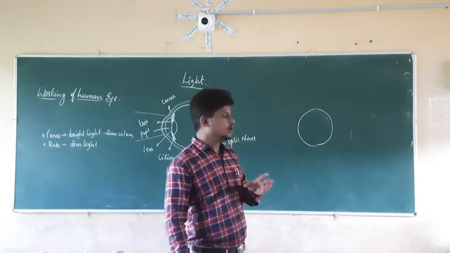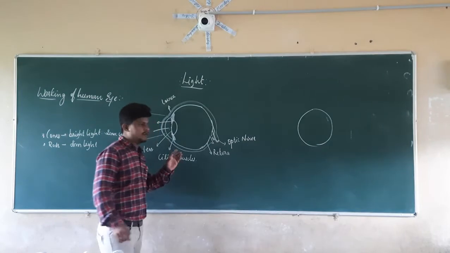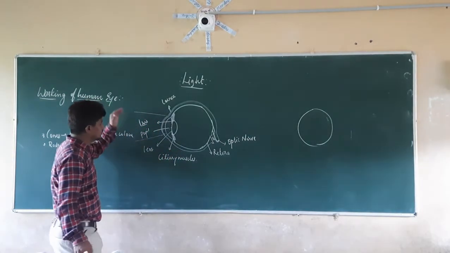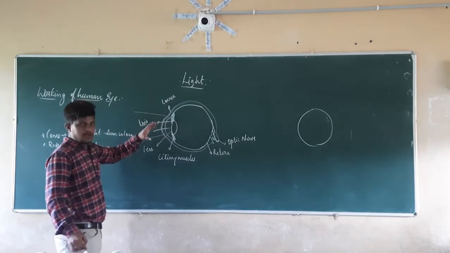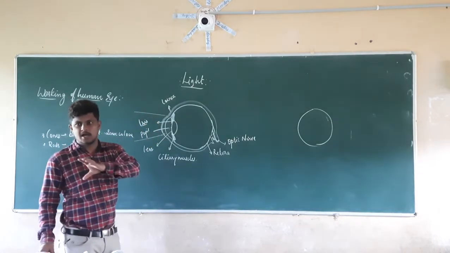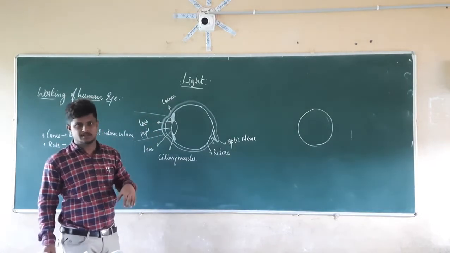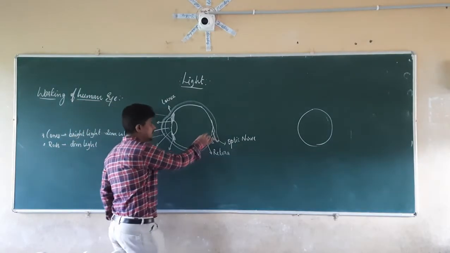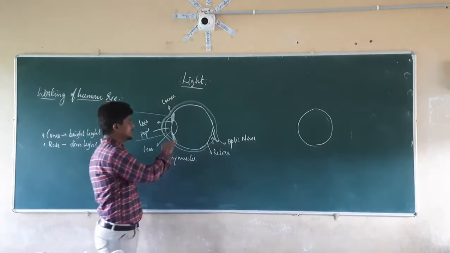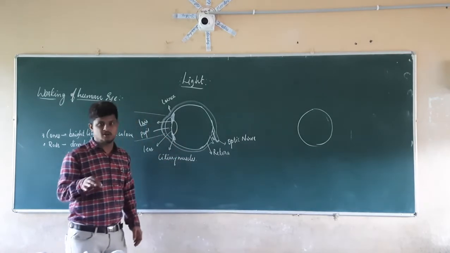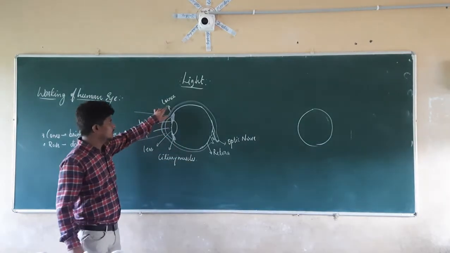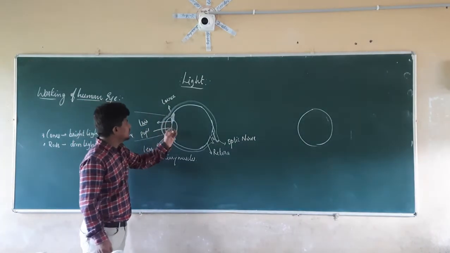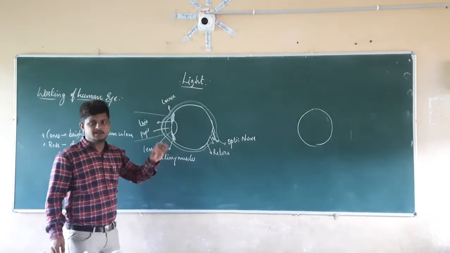If we have a high amount of light coming towards us, it controls how much light should enter into our eyes and how much should not. So it is controlled by the iris.